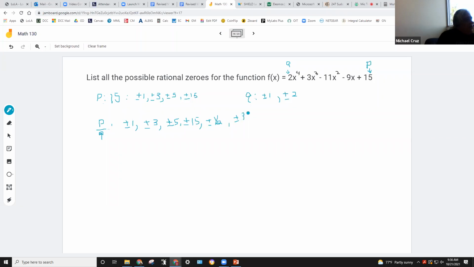Hopefully we don't have to do too many of these fractional ones, but sometimes this happens. And then 5 over 2, and then 15 over 2, plus or minus.